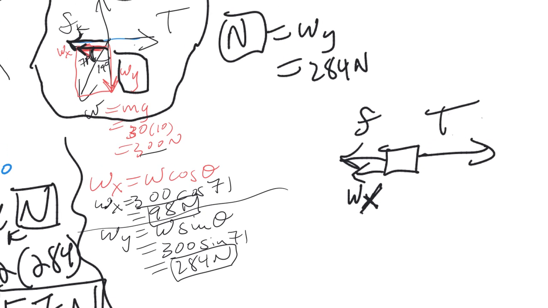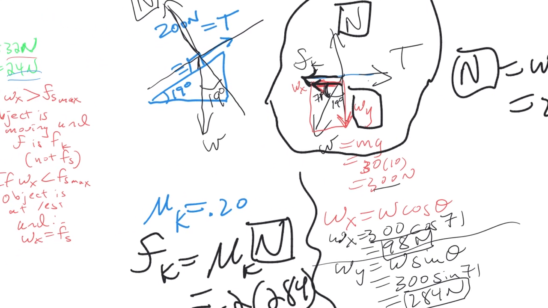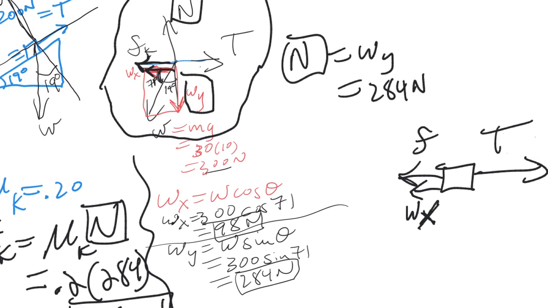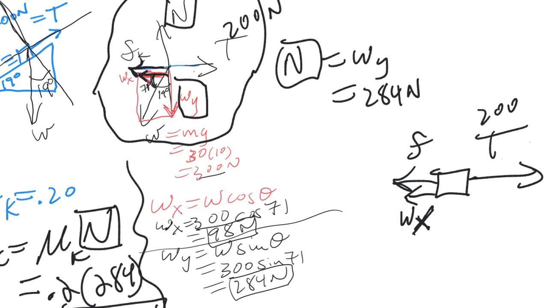So the net force in the horizontal direction would be, let's put all these terms in. Tension, did they give me the tension? I didn't write that in. It's getting pulled with a force of 200 newtons, so I should have put that before. So tension is 200 newtons. The friction is 57. And the x component is 98 newtons.